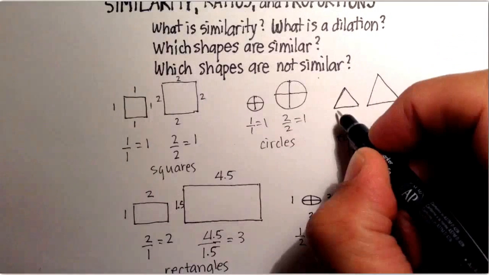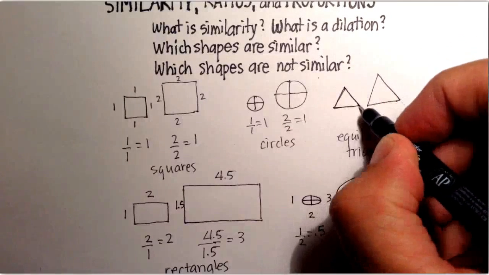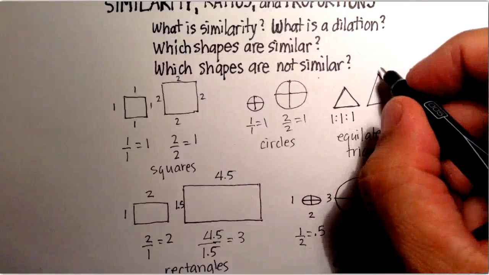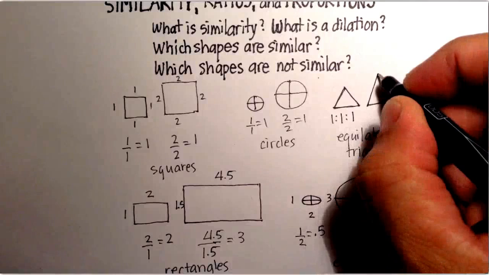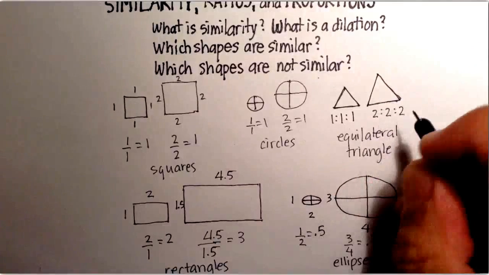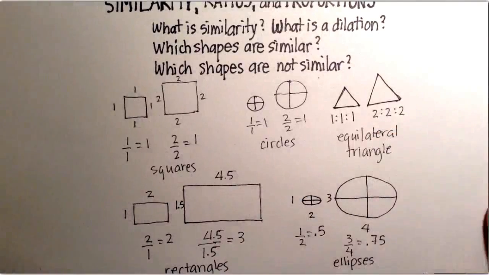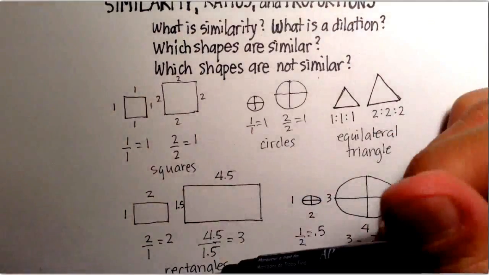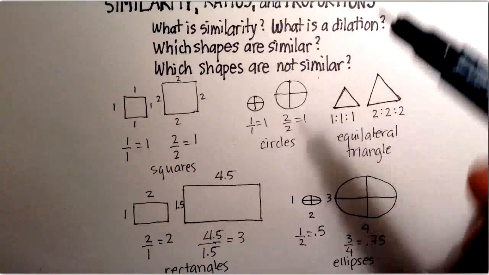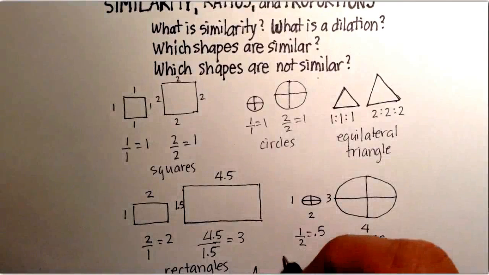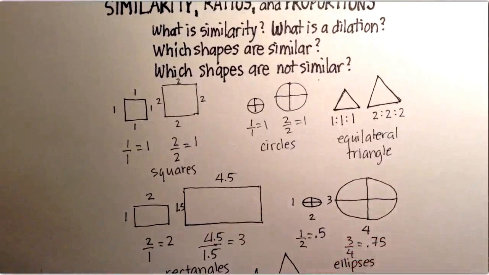The distances here might be 1 to 1 to 1, and this might be 2 to 2 to 2, but reducing those would still be exactly the same. And that's not necessarily true for rectangles, ellipses, and isosceles triangles.